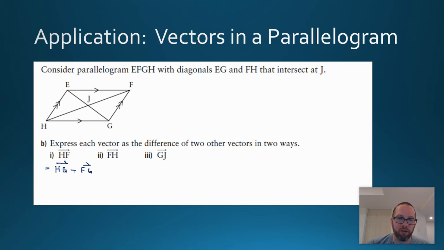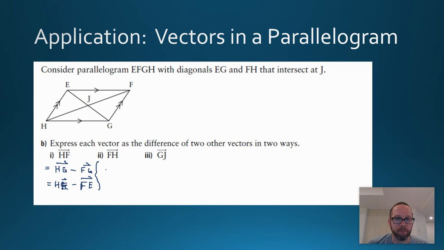Because subtracting FG is like adding GF, and then the 2 things link up. In a similar manner, I could do HE, and instead of doing HE plus EF, I could subtract FE. That's just one possible option.